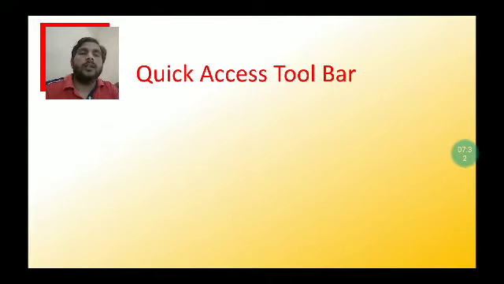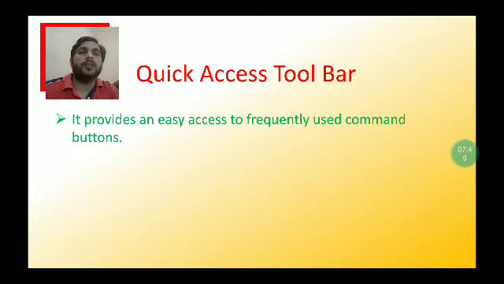The next component is Quick Access Toolbar. So as I discussed you earlier, you must have seen in the picture the Quick Access Toolbar. So let's discuss. It provides an easy access to frequently used command buttons. Which commands which are used frequently are stored in this Quick Access Toolbar.